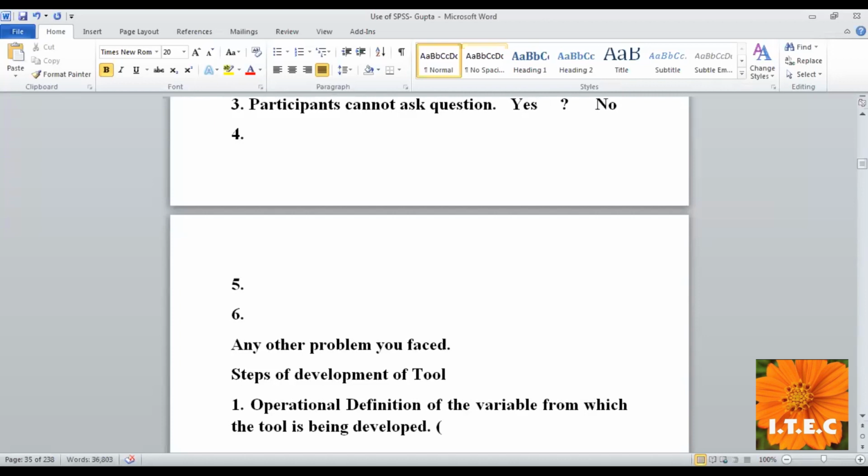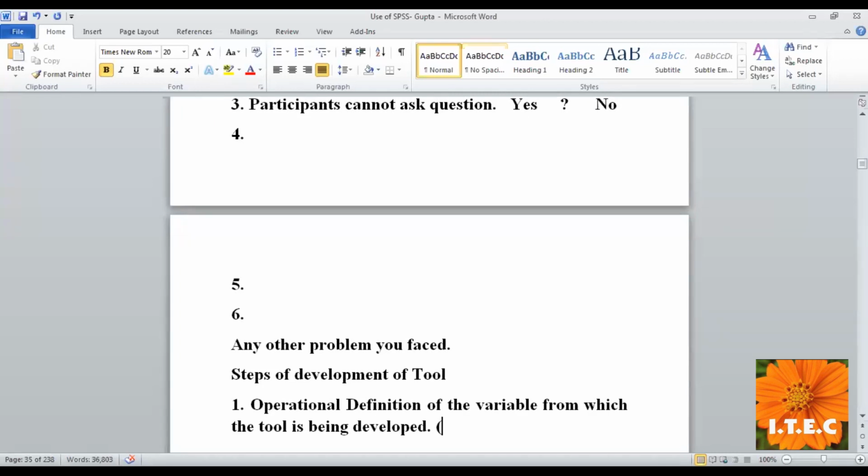Now, what is the meaning of the operational definition? I hope you know the meaning of operation. Why does a doctor operate on the patient?